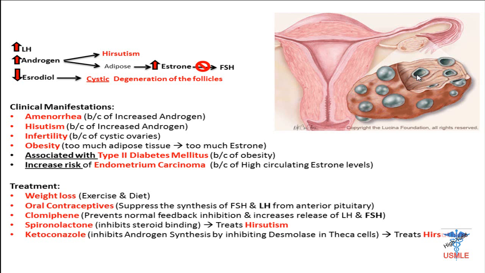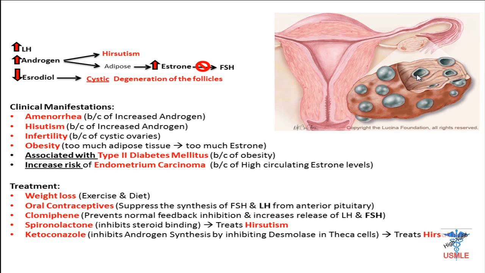Now, how do we treat? Well, the first line of treatment is weight loss. We can ask the patient to exercise and get on a good diet to lose some of that adipose tissue, to lose some fat. We can also use oral contraceptives, which are going to suppress the synthesis of FSH and LH from the anterior pituitary.